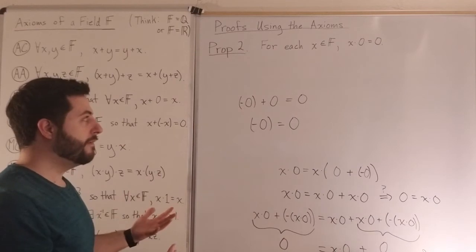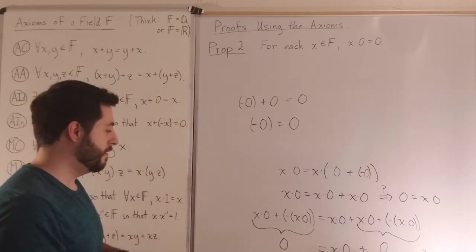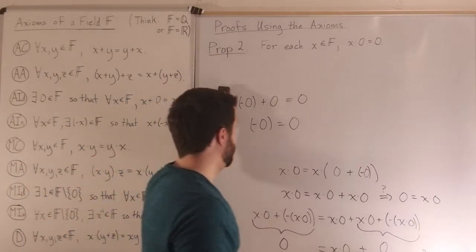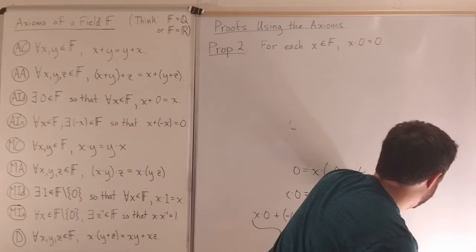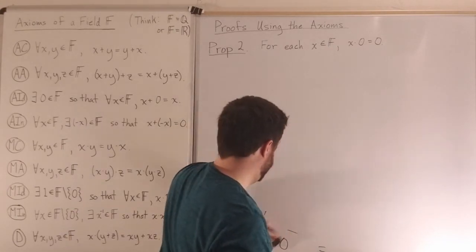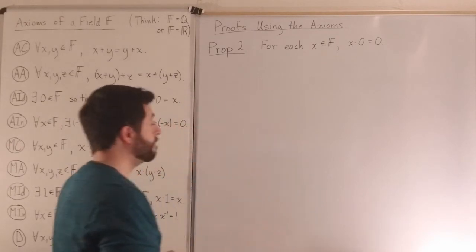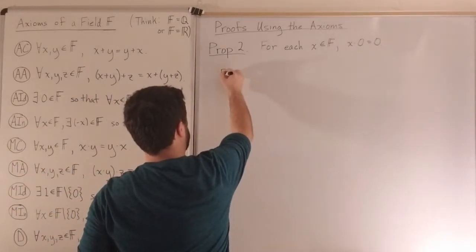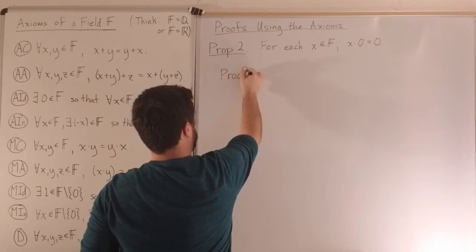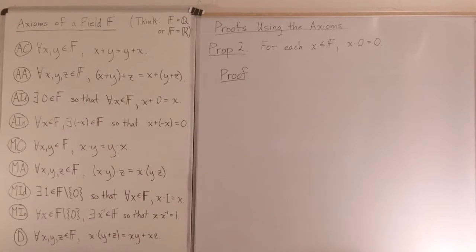Okay, so we now have all of the pieces, and we're now ready to formulate the proof. So let's go ahead and do that. Okay, so it's convenient to start out with the fact that the opposite of 0 is 0.